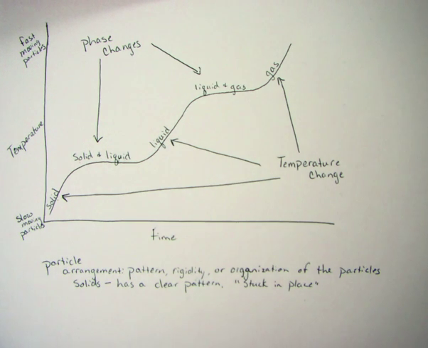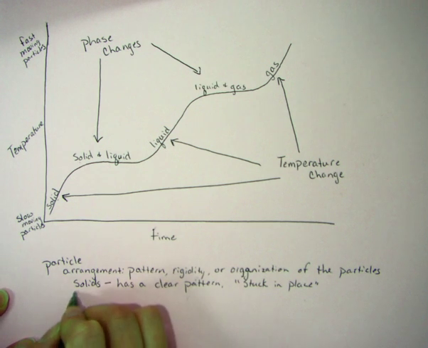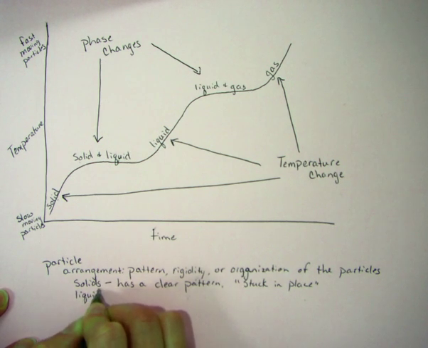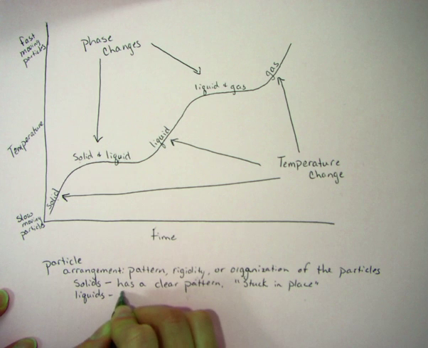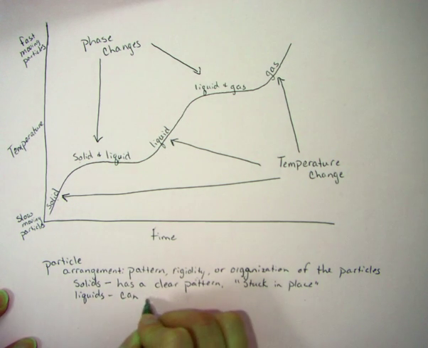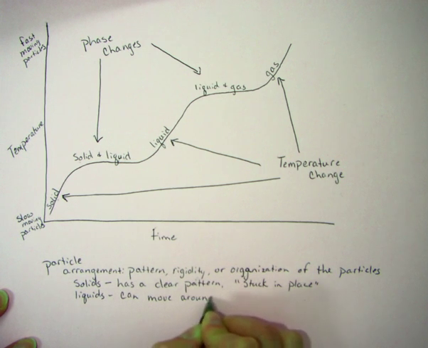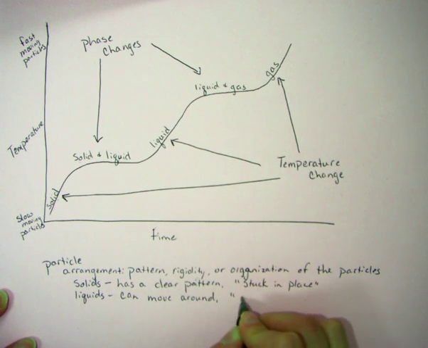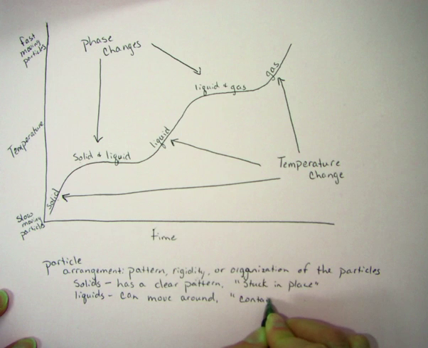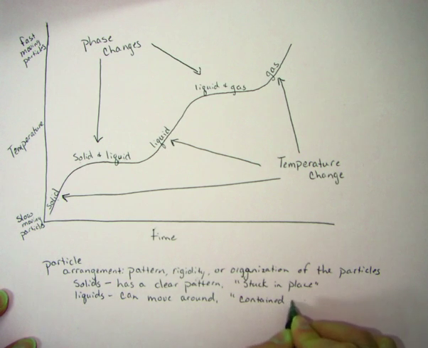They can bounce back, very small amount of space for them to move. Liquids, they can move around, but they can't move everywhere. We say that they are contained in liquid.